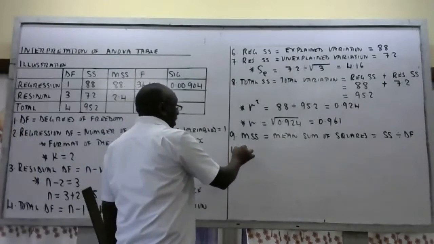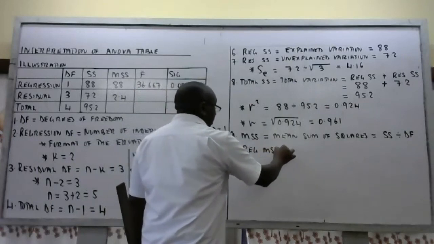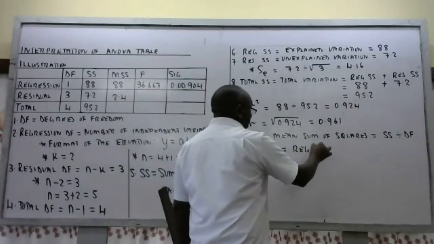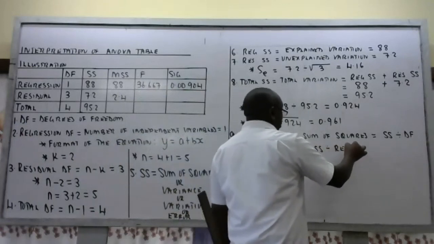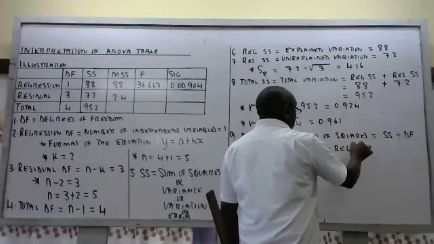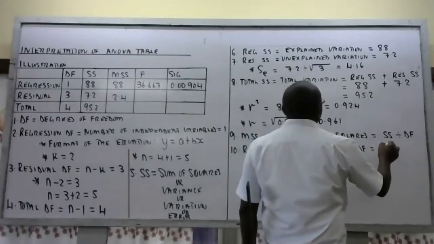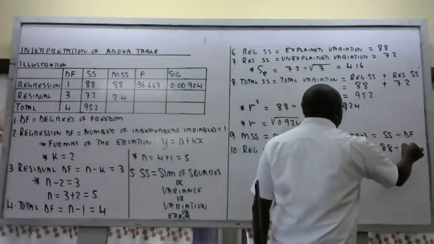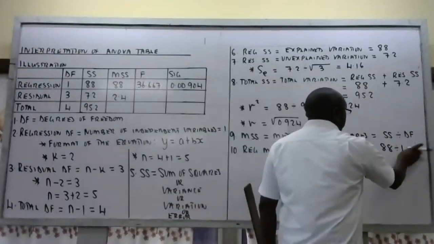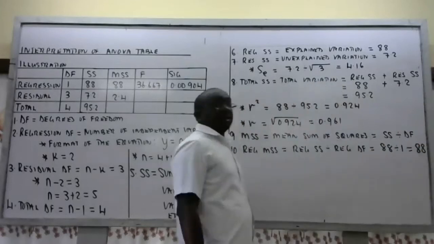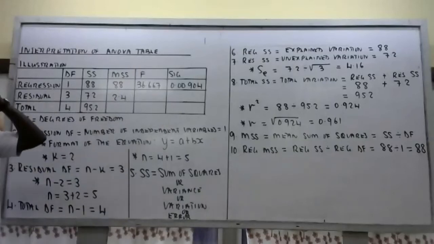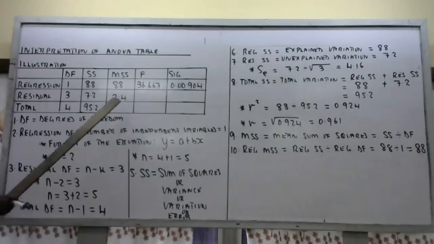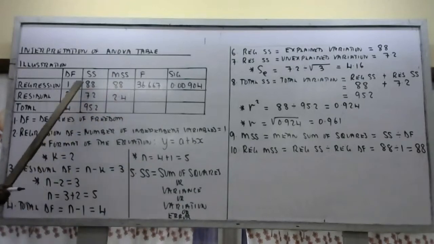So if you come here and say regression MSS, it should be given as the regression SS, you divide by regression DF, which is 88, you divide by 1, and that should give you 88.